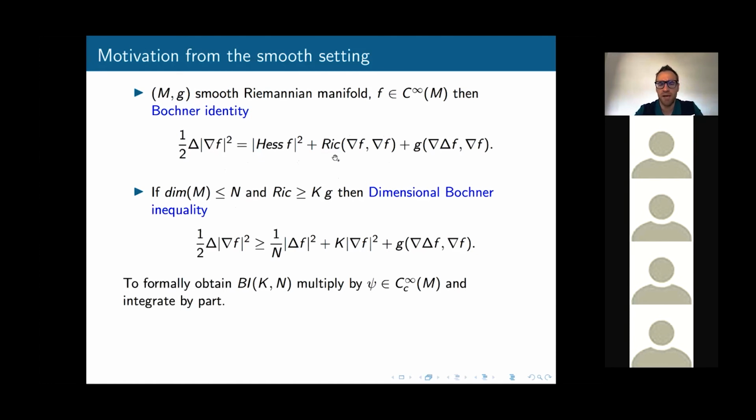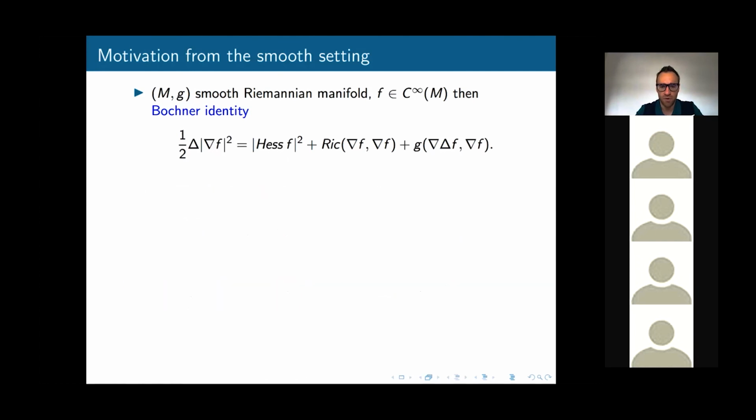Here we just bound Ricci(grad f) from below with k times |grad f| squared, and we use the Cauchy-Schwarz inequality for symmetric matrices to say that the norm of the Hessian squared is bounded from below by 1 over n, which is the size of the matrix, times the trace squared of the matrix, which is the Laplacian of f squared. Once you have this classical dimensional Bochner inequality, you just multiply it by a test function psi, then you integrate by parts, and you get the previous formula.